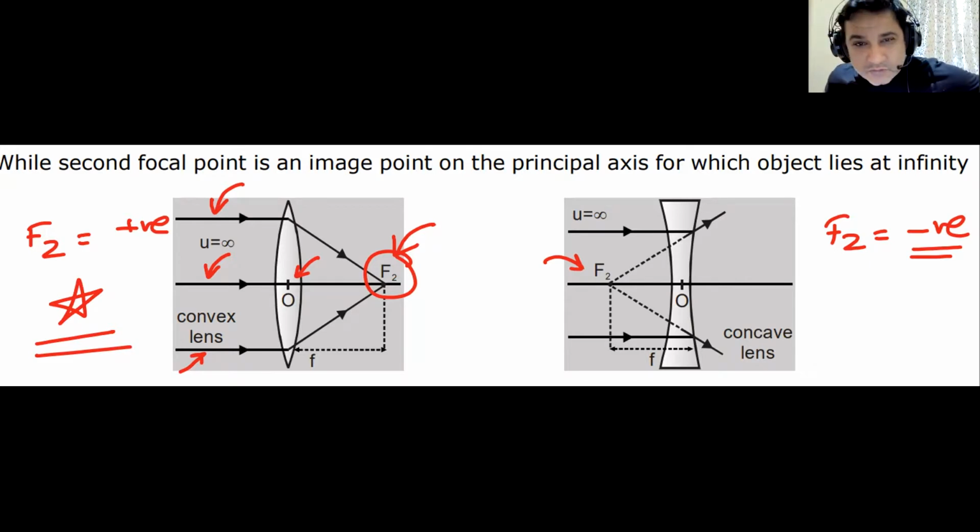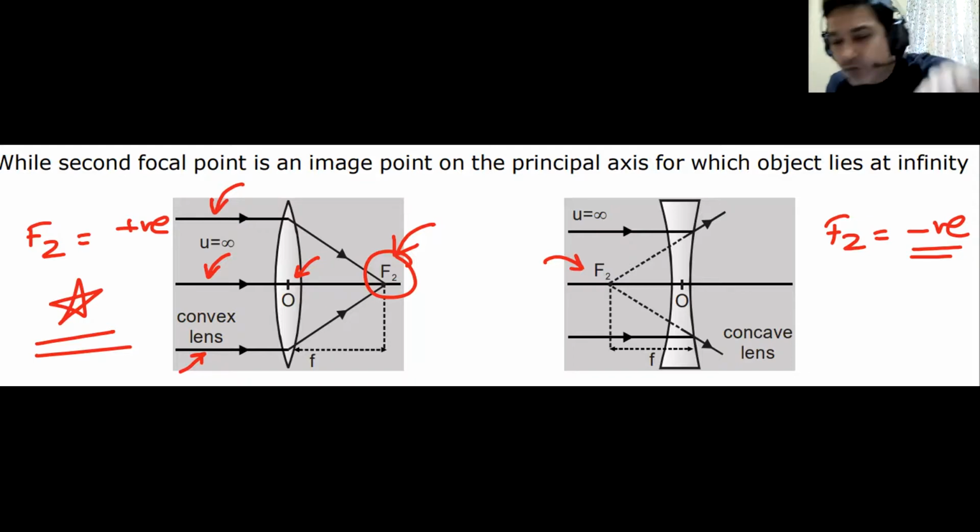When someone is talking about the focal length of a convex lens, he is referring to the second focus and the second focal length. And therefore, we say that the focal length of a convex lens is positive. It also has a negative focal length, but that is the first principal focus. We do not talk about it. We normally always talk about the second principal focus and the second principal focal length.